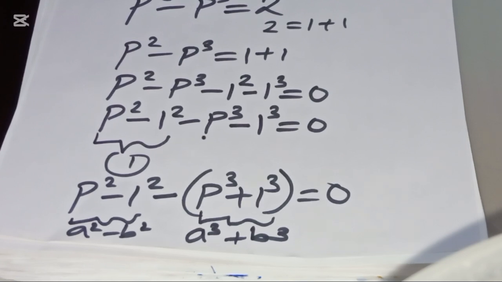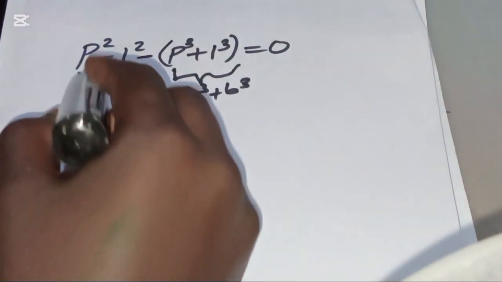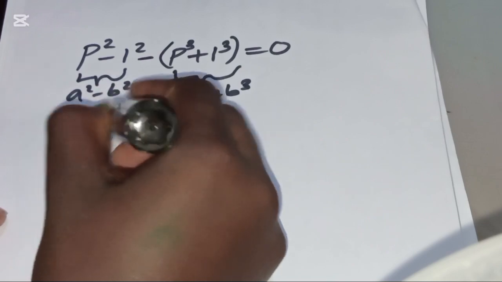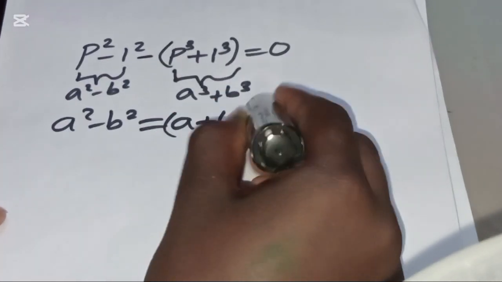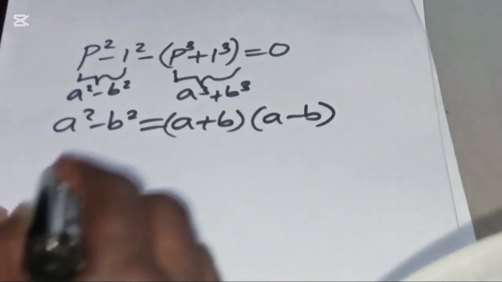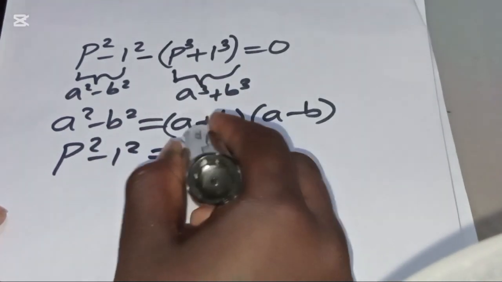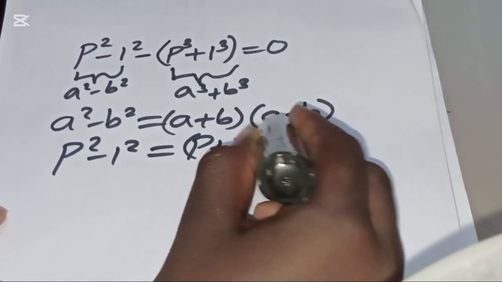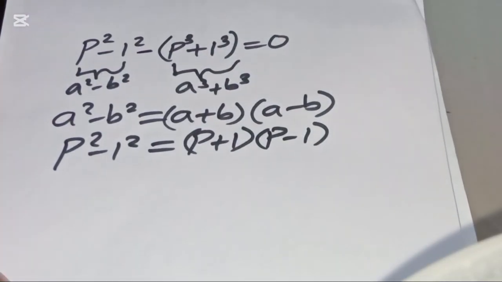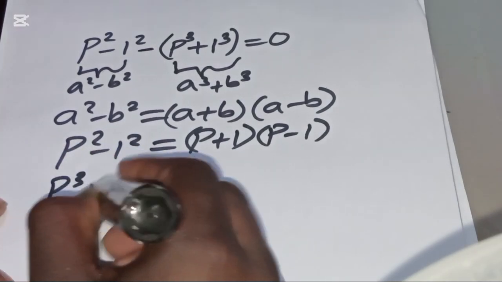Okay, so let's proceed. We have p squared minus 1 squared. We're saying this is in the form of difference of two squares expressed as a squared minus b squared, which is a plus b, a minus b. Okay, so that means p squared minus 1 squared is the same thing as p plus 1 and also p subtract 1. Okay, so the other part, we have p cubed plus 1 cubed.